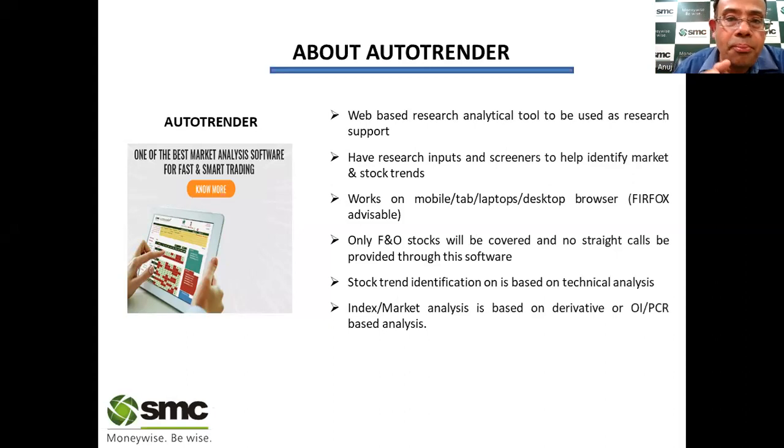Stock analysis basically has technical analysis when we talk about its core analysis. Okay. And when we come to the market analysis, it is more to do with derivative analysis or the OI analysis or the PCR analysis, whatever you may call it.